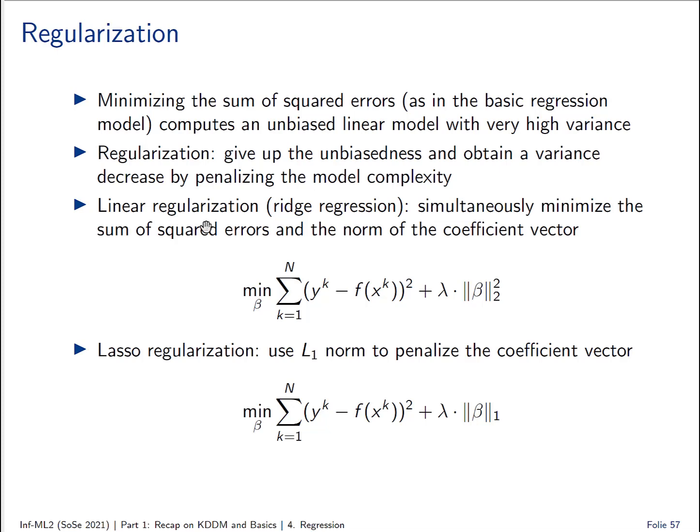So in linear regression, we can use linear regularization, which is also called ridge regression, which simultaneously minimizes the sum of the squared errors as before, and in addition the norm of the coefficient vectors. And the coefficient vector, that is the beta here. That is the usual optimization function.